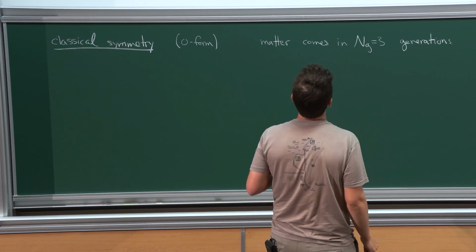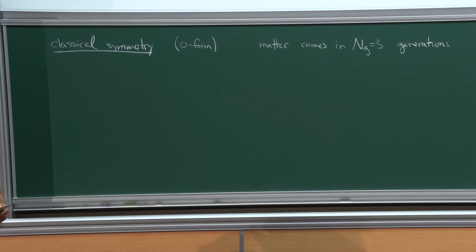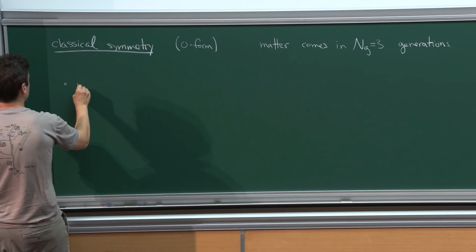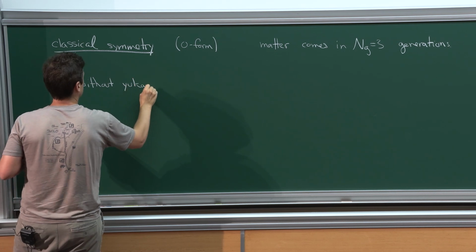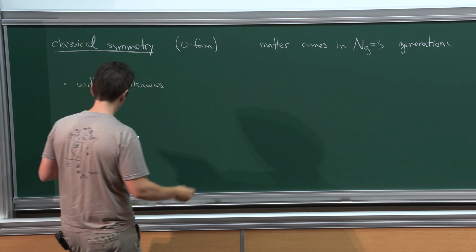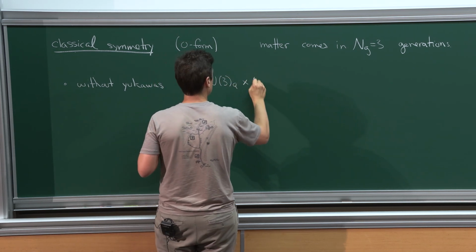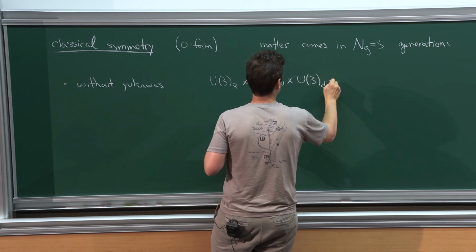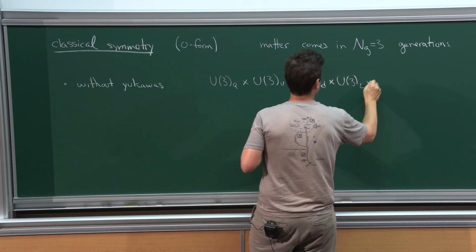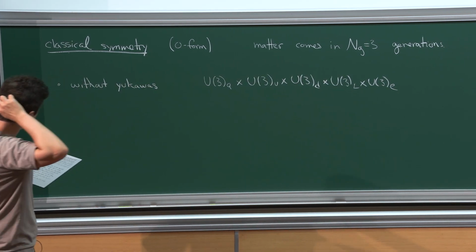If we just discuss the classical symmetries of those multiplets, not taking into account any other interactions, just those multiplets and their gauge interactions, so without the Yukawas, we just have a U(3) for each species. That's, of course, without the Yukawas.